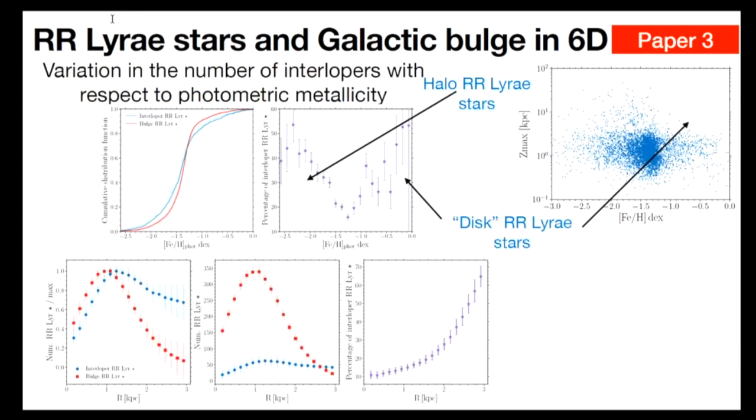Looking a little bit closer at the interlopers and their metallicity distribution, you see that on the metal-poor end and on the metal-rich end, that's where we have the most interlopers. On the metal-rich end, we have a lot of disk stars that don't have that much excursion from the plane. They don't deviate in their orbit from the plane that much. On the metal-poor end, we have a lot of halo interlopers.